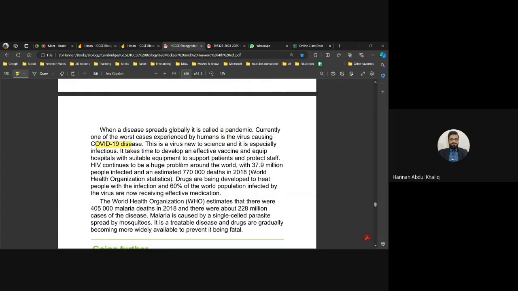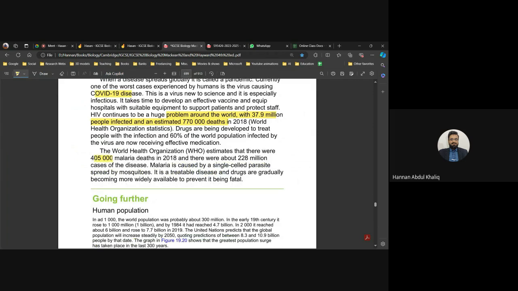COVID-19 happened. Then HIV continues to be a huge problem: 37.9 million people affected, an estimated 770,000 deaths in 2018. The WHO estimated that there were 4 or 5 thousand malarial deaths in 2018, with about 22 to 28 million cases of the disease.